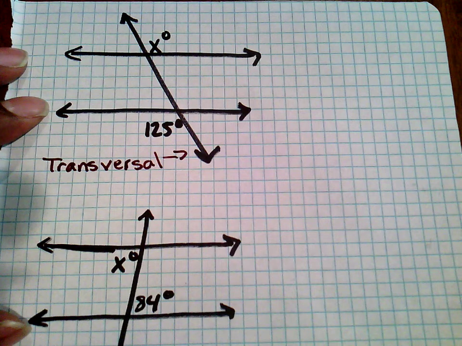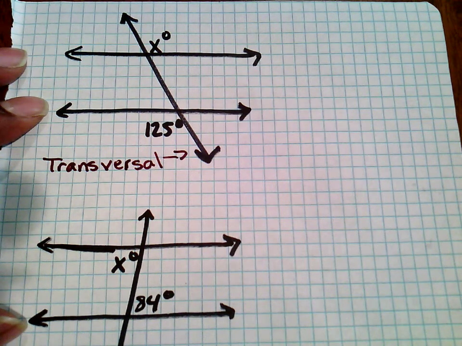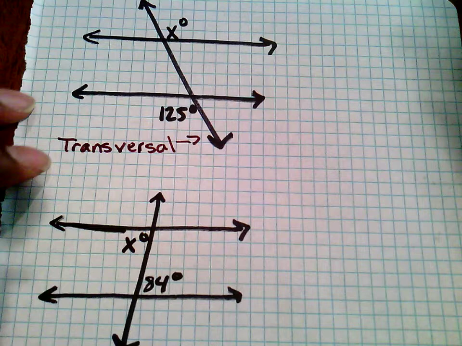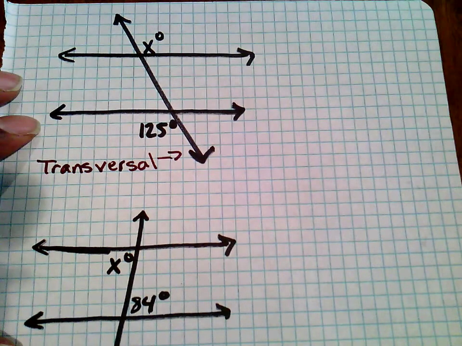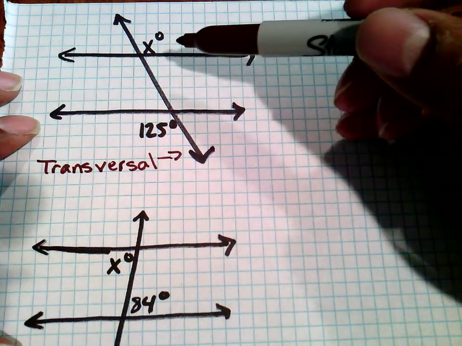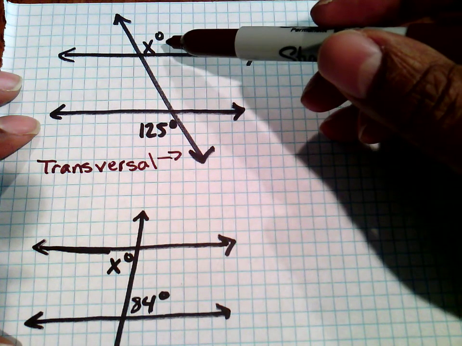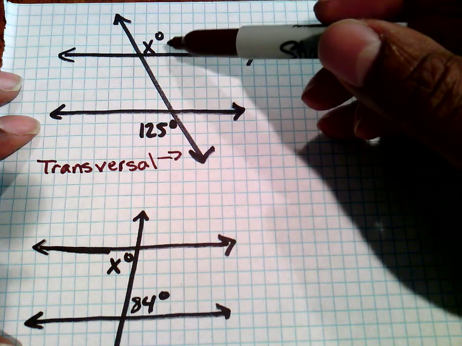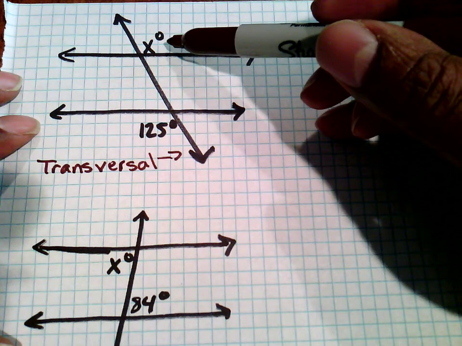All right. So now, in order to solve problems with transversals, we first need to be able to identify the relationship between our angles. So if we take a good look at this, here we have an x degree angle in this intersection.